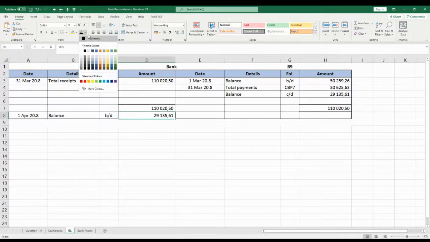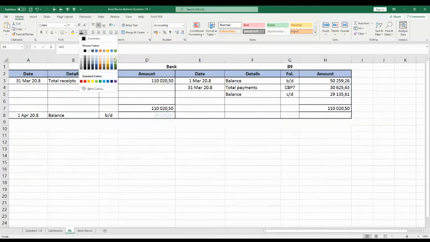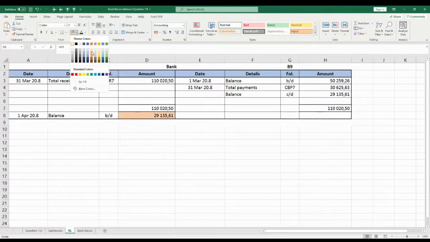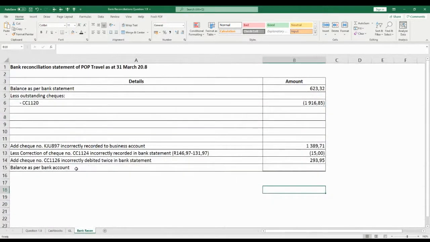Now this amount here should agree to our bank balance here of 29,000. So that's what we need to reconcile to. But as you can see, there's still a few things missing to reconcile back to that balance.